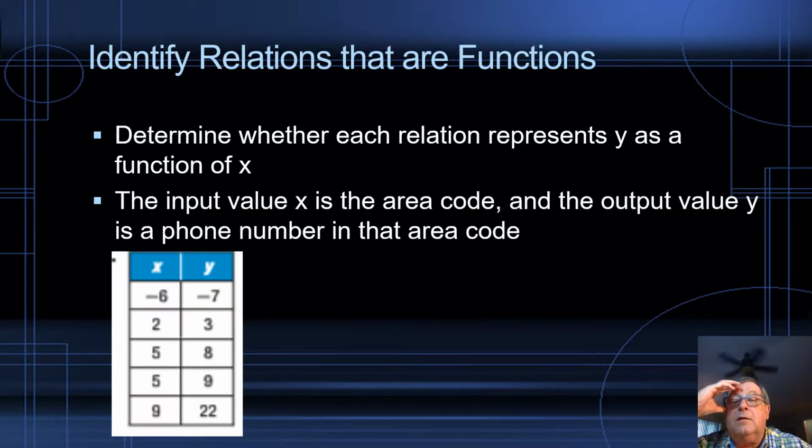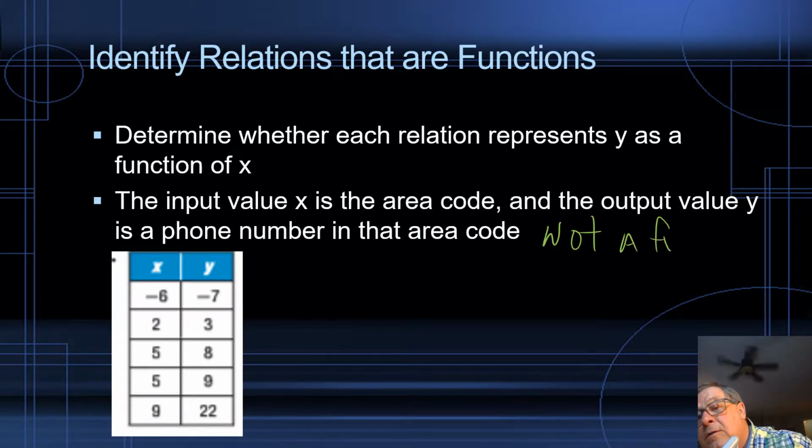So there's multiple values of y, output value, dependent variable, tied to that independent variable of that area code. And so therefore, this is not a function. Got more than one y value relating to a specific value of x.